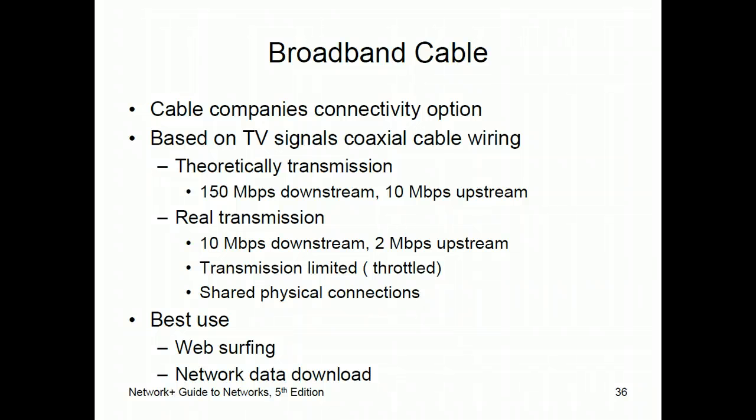TV signals, coaxial wiring. The theoretical transmission, 150 megabits per second downstream, 10 megabits upstream. Real transmission, 10 megabits downstream, 2 megabits upstream. The transmission can be throttled and limited by the provider. And also shared physical connections can also limit the downstream and upstream.